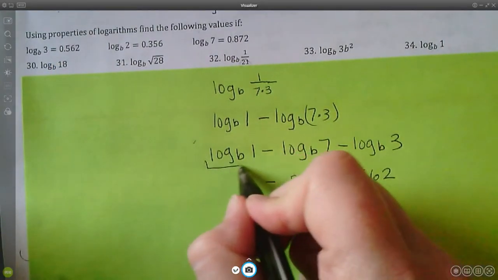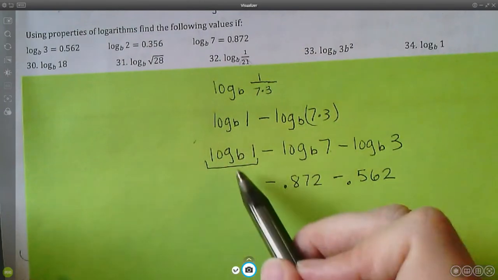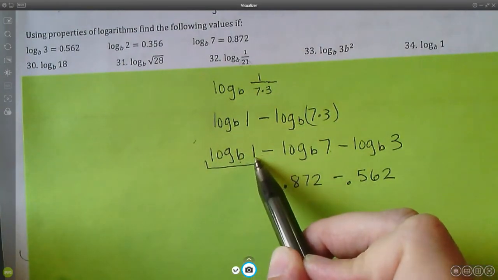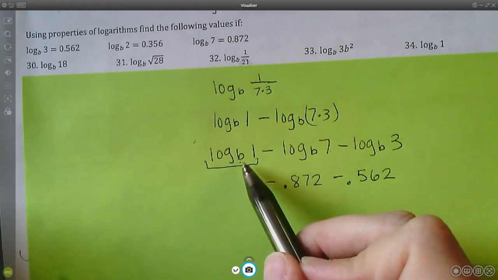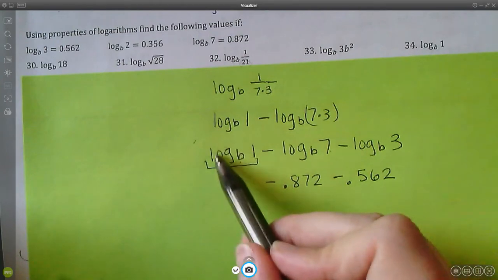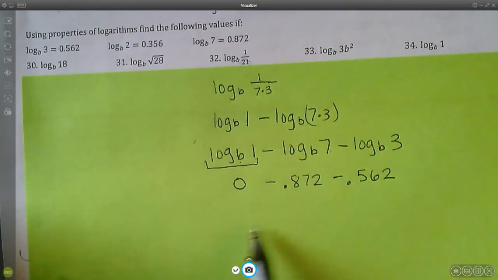So then you're left with this. When you say this to yourself, you want to say b to the power of what gives you 1? Well, anything to the power of 0 will give you 1. So this is just 0. And then you can plug that into your calculator, and that is your answer.